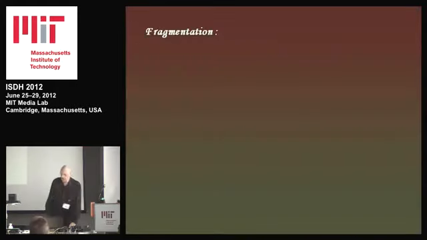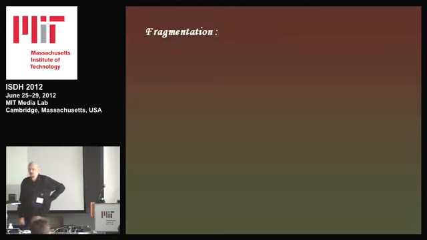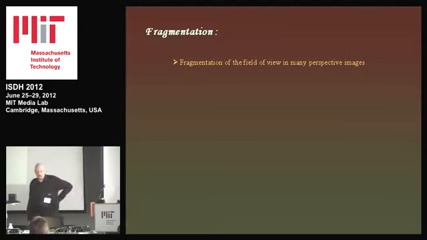So at that time when I read this, I was working on the development of the holographic imager. And I was thinking about how many times we are breaking up the images and the content. So I thought about fragmentation, and I thought there are many levels.